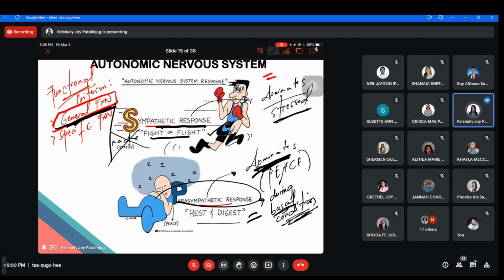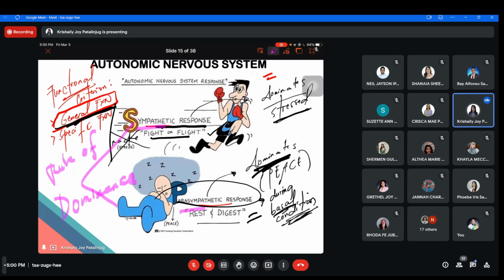regarding their opposing effects, it has something to do with the rule of dominance. Okay? It has something to do with the rule of dominance. Kung sino yung magdo-dominate. So, ibig sabihin, both sympathetic and parasympathetic nervous system, active sila.